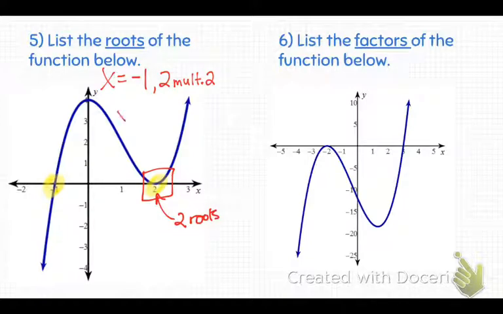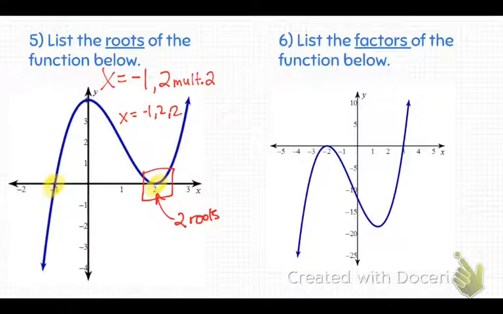Now, can I write x equals -1, comma 2 squared? Why not? Yeah, what is 2 squared? 4. Do I have a root at 4? No, then you can't write that. So I can write x equals -1, 2 multiplicity 2, or x equals -1, 2, 2. Those are both acceptable answers.